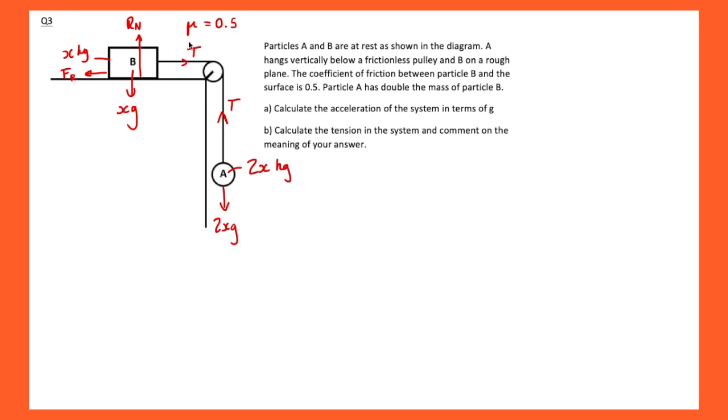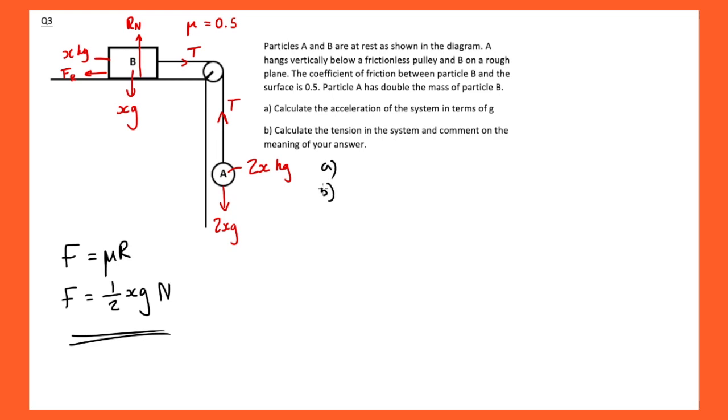Okay, so the first thing to do is to work out the frictional force. The frictional force, mu R, is going to be a half of the reaction force, which is xg. Now we can write our simultaneous equations.